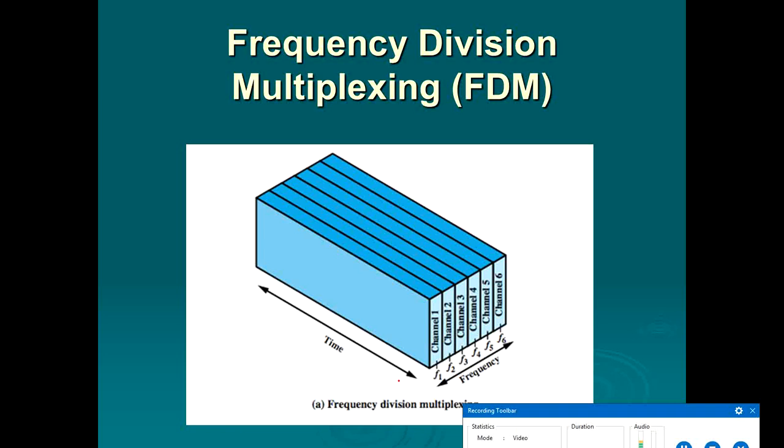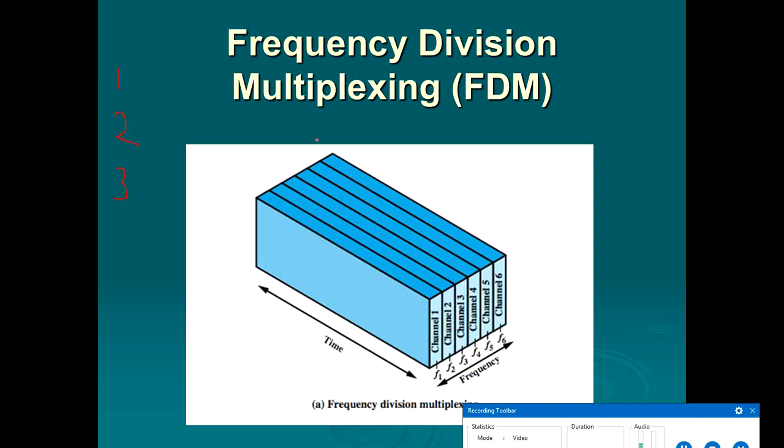So frequency division multiplexing. As the name suggests, the different input signals are multiplexed or combined based on their frequency. That means the different signals, for example, I have a sender 1, sender 2, sender 3. They have data to send, but their signals are having different frequency.